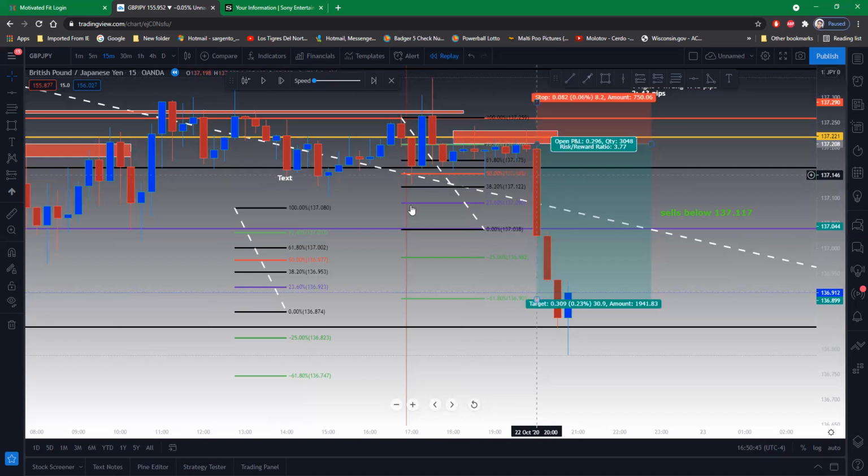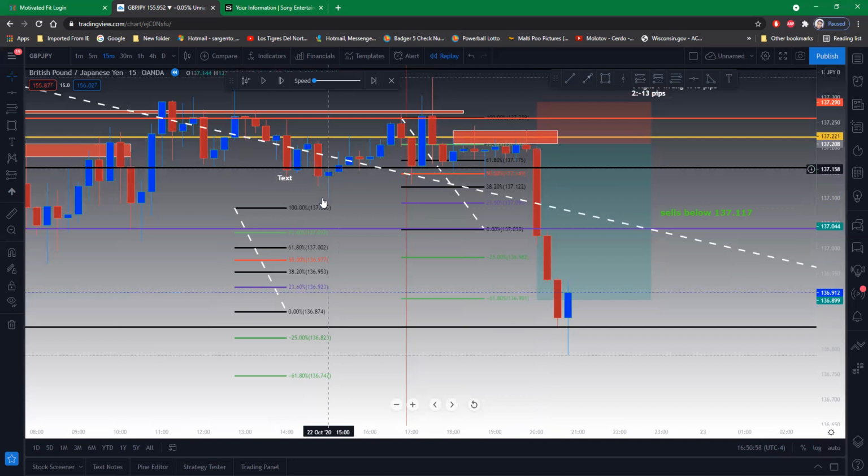Candles with a lower wick, candles with a weak body, a low wick for a buy or a low wick for a sell can be possible areas where price can fill or target for continued push. So right here we had a longer wick here, a smaller wick here.